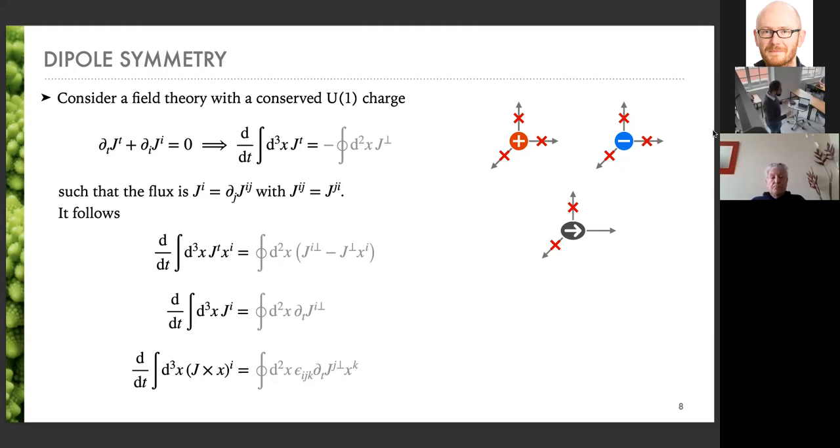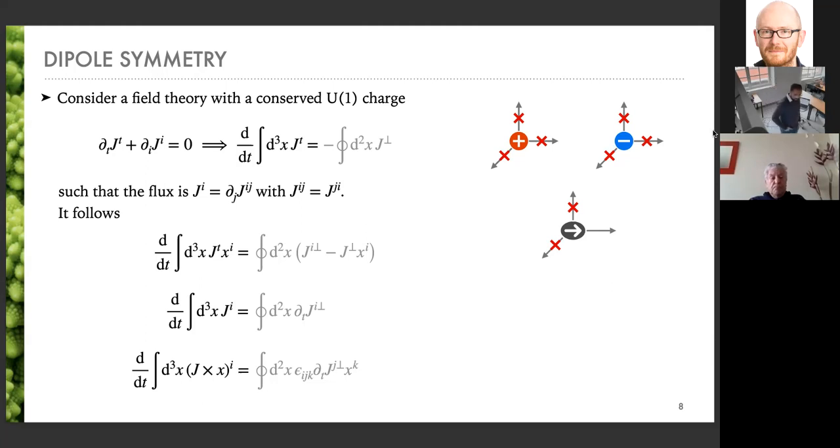In my head, if you have a bunch of positrons moving in a particular direction, then you will also have a bunch of electrons moving in the same direction so that the total dipole moment is conserved. And you cannot change the direction or magnitude of any particular positron movement without also changing the electron movement. So what is J_i transverse?